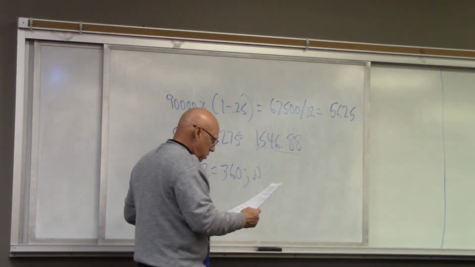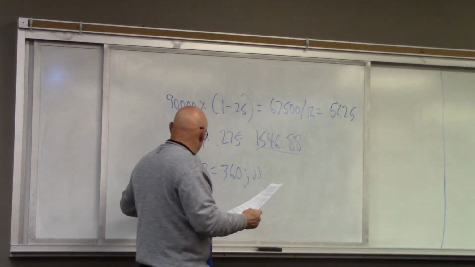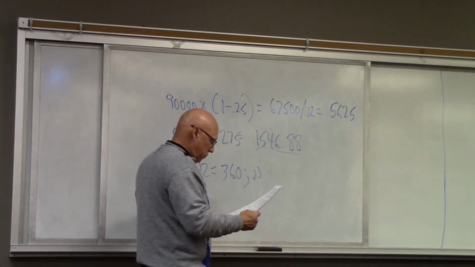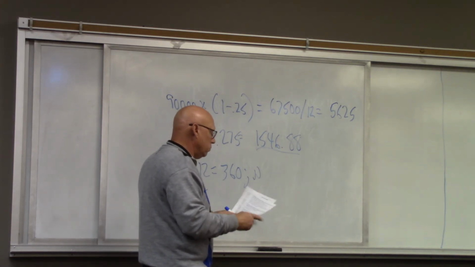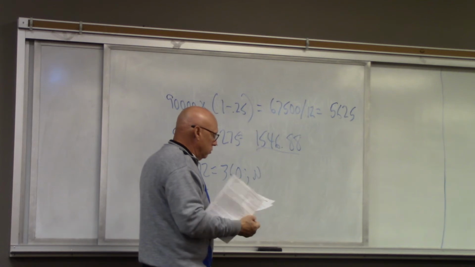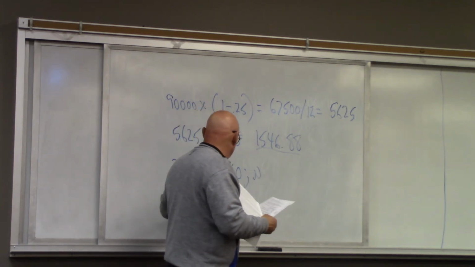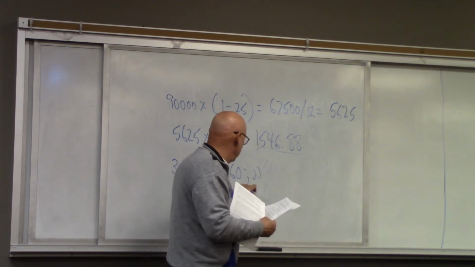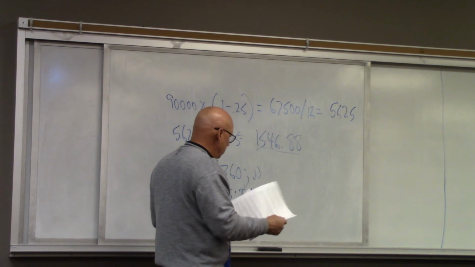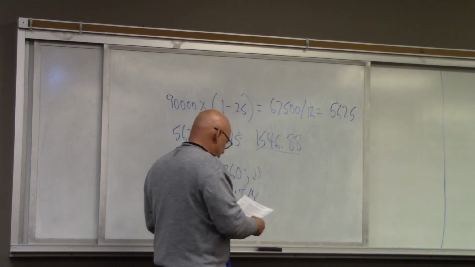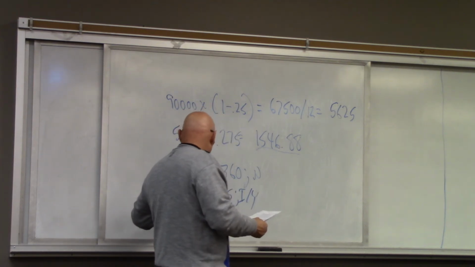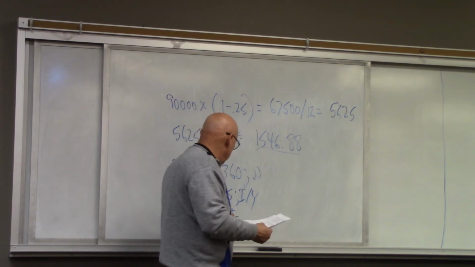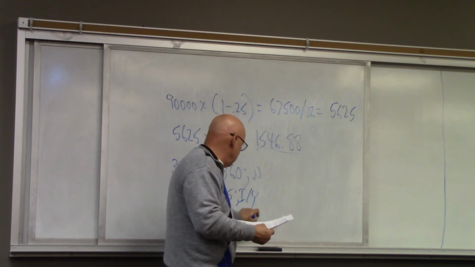And 4.5 divided by 12 is 0.375, and that's the I/Y. And 1546.88 plus/minus is the payment you're making to the bank.